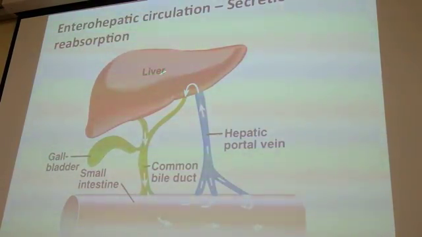And this was really important for bile acids and bile salts to enable recycling of those molecules. So remember that bile acids are those cholesterol-derived molecules important in forming mixed dietary micelles and emulsifying the fats for digestion. Okay.